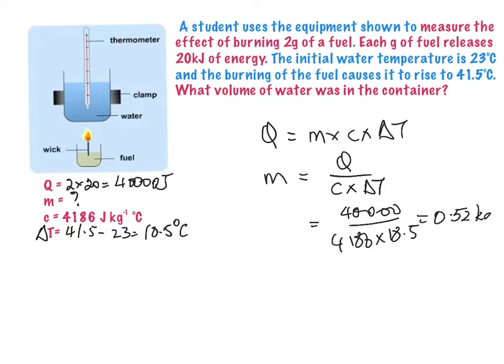But that is in kilos, or litres if you like. So if it's in litres, we don't like it too much. So how about we convert it to a steadier form? So the volume is going to be equal to 0.52 litres, or as we'll learn later, dm cubes.